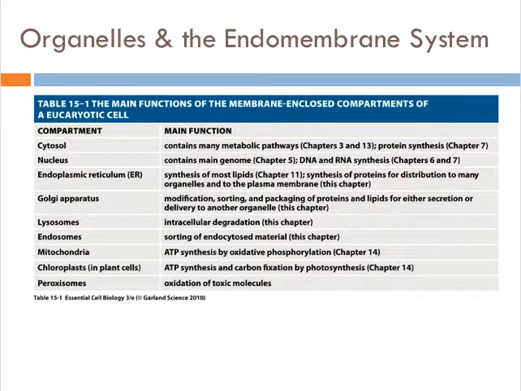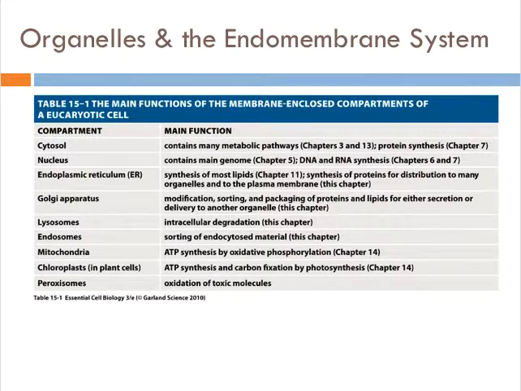So this is just a reminder of the organelles and what they're doing. The nucleus is where we've got our genetic material located, and it's where we go through the replication of DNA and transcription, things of that nature. The ER is going to deal with protein synthesis, lipid synthesis, things like that.